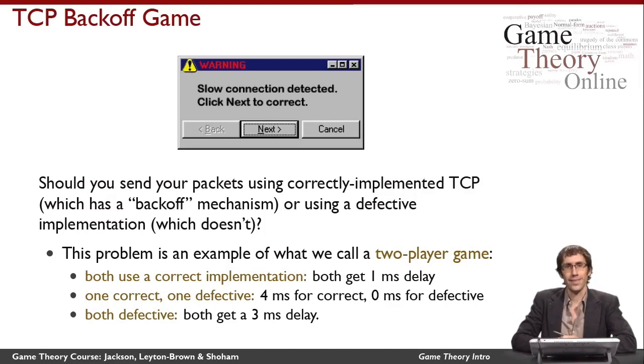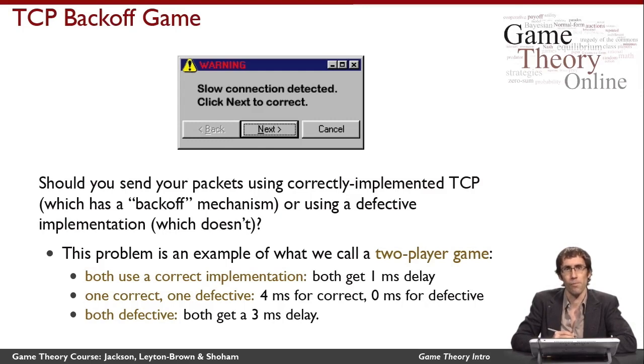So let's think about a two-player version of this interaction, which a game theorist would call a two-player game. You might incidentally worry that the internet has a lot more than two people using it, and so that this two-player restriction is going to be a problem.